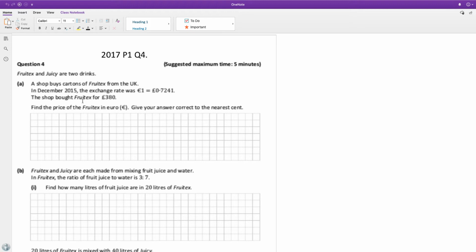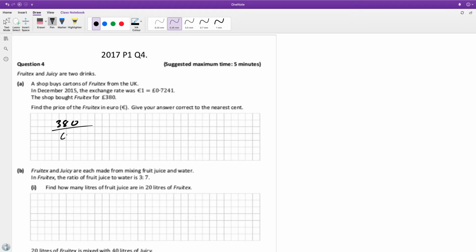That is £380 divided by 0.7241 multiplied by €1, which is €524.79. Are we happy with that?